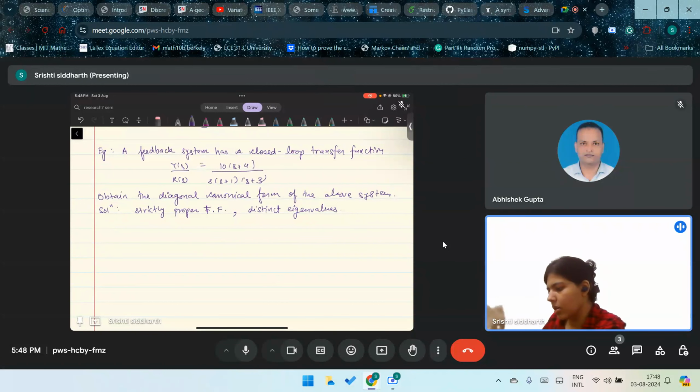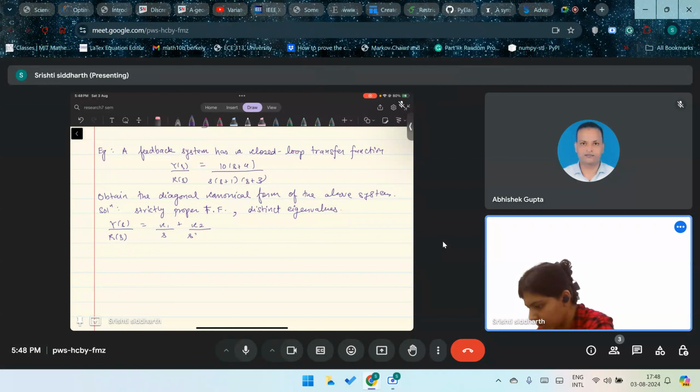Okay, so let's first write down the partial fraction expansion. We have C1 over s plus C2 over s plus 1 plus C3 over s plus 3.